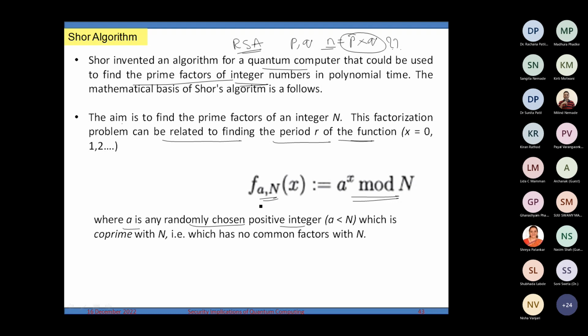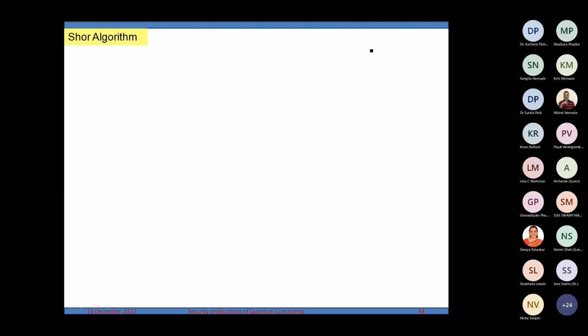That means GCD of a comma n is 1, and hence it has no common factors with n. Peter Shor has built the algorithm to solve this particular problem. That algorithm, when implemented on a quantum computer, is able to identify the factors of the given n.